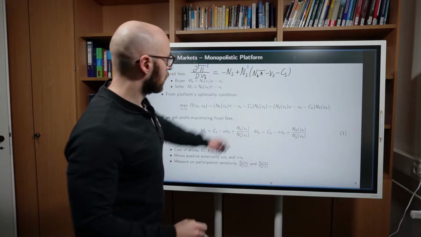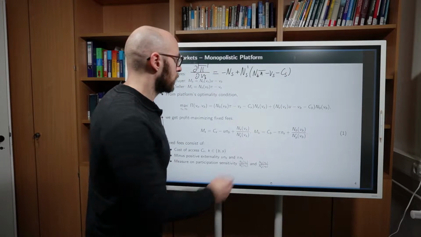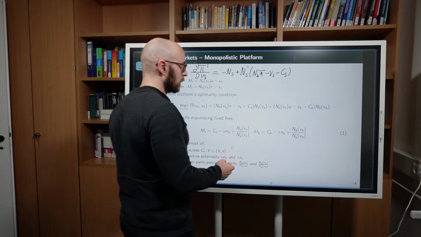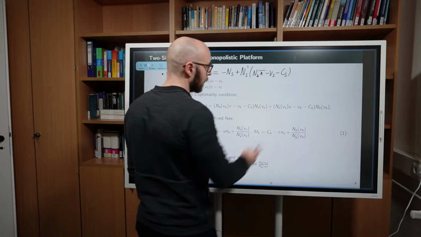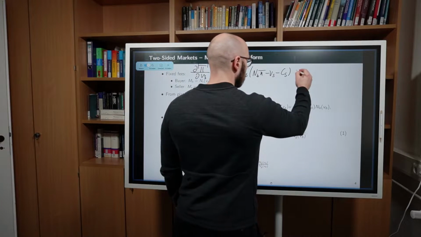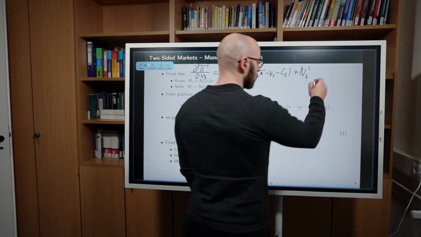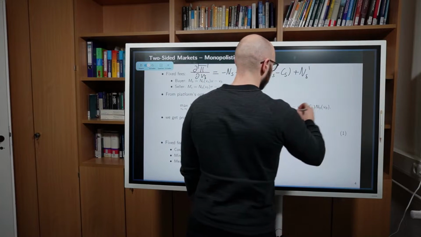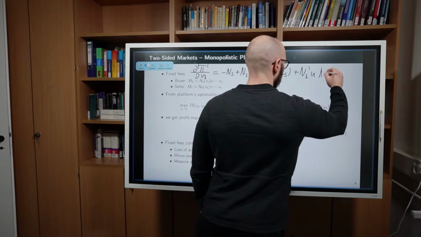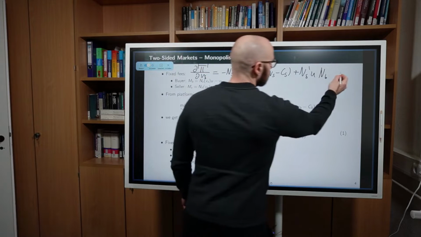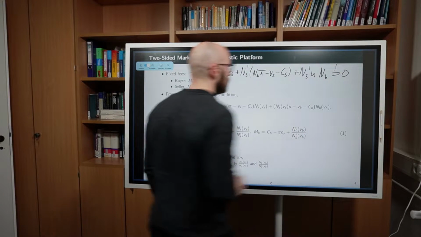And then in this expression in the parentheses, we also have our VS as the variable of NS here. And now if we differentiate this one, we get to the derivative of NS times u times NB, right? And that's our first order condition if we set this equal to 0, right?